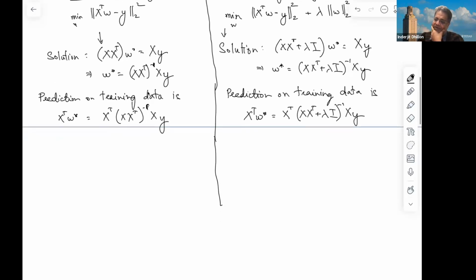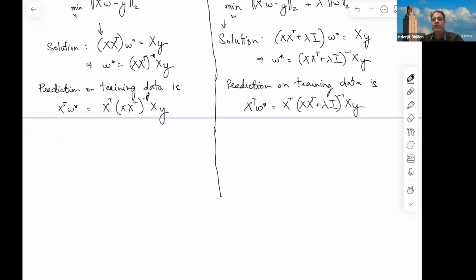Very similar, right? But now let's see how the singular value decomposition can help us in analyzing this. Not talking about computation, but just analyzing what is going on. We did this last time also.